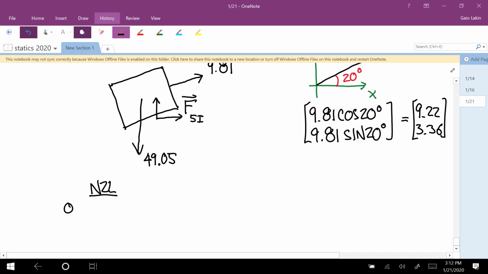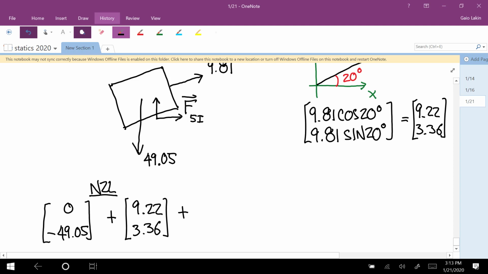And we have 0, negative 49.05, plus the force applied by the cable that we just calculated, 9.22, 3.36, plus this unknown vector, you can write that as components x and y. And it's equal to 0, 0.